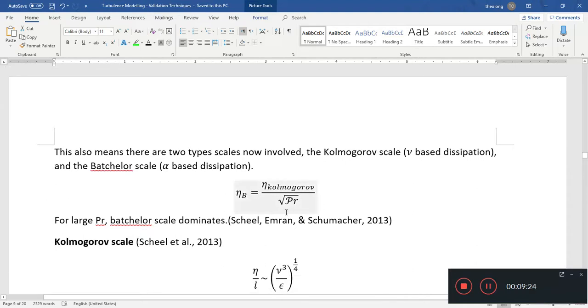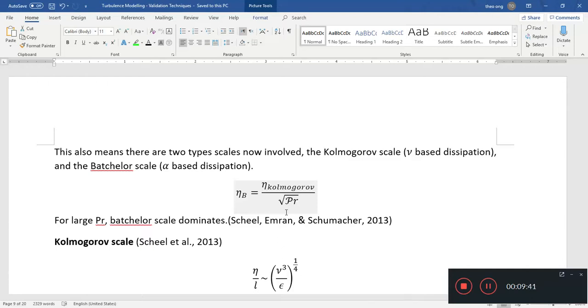So because of this, we have to come up with two scales now. One, of course, is the Kolmogorov scale, where viscous dissipation dominates, and the second is the Batchelor scale, where conduction dominates.